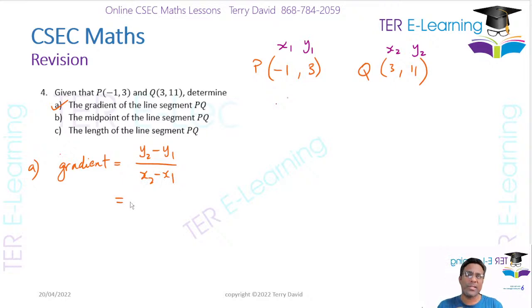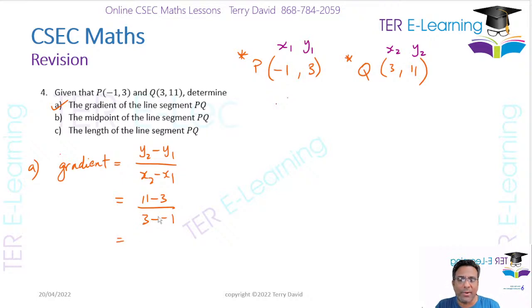So all I'm going to do is take those values that I have from P and Q. So y2 is 11, so it's 11 minus 3 divided by 3 minus 1, because x2 is 3 and x1 is minus 1.